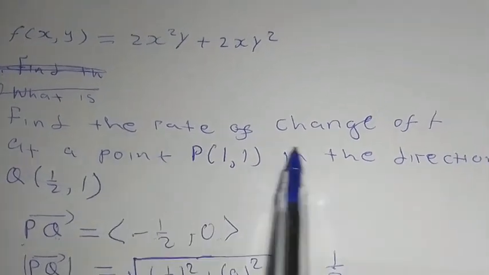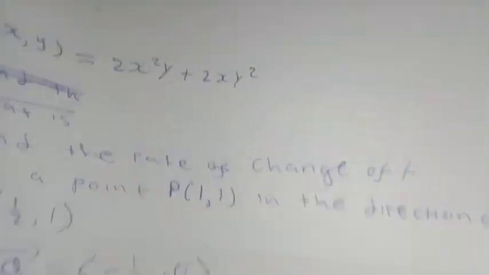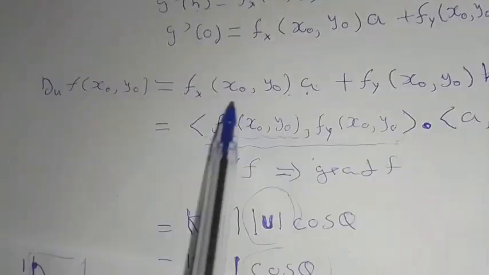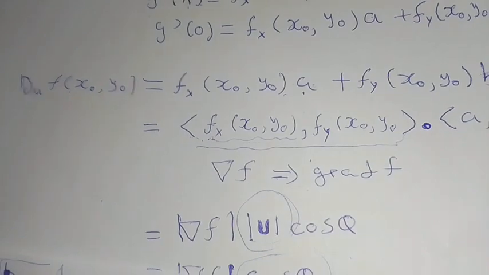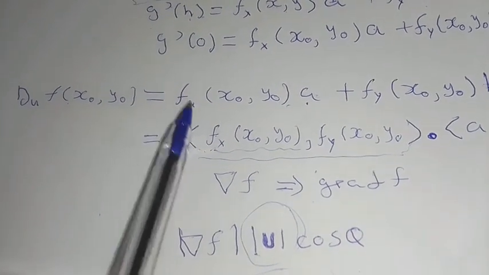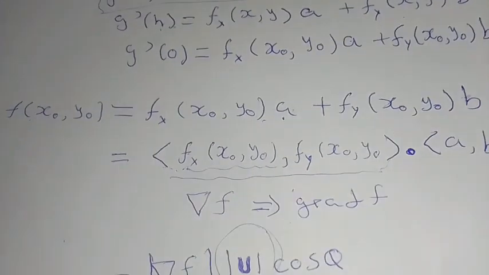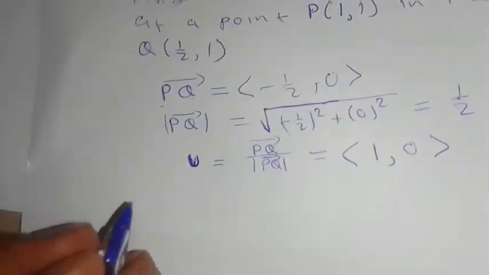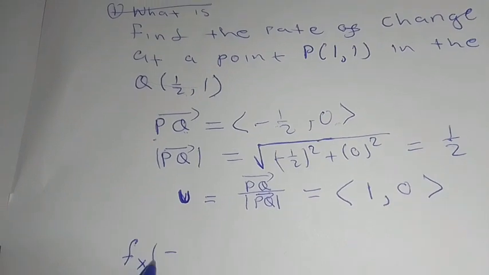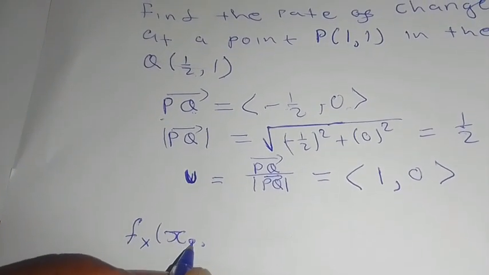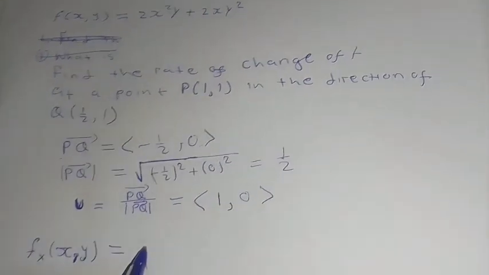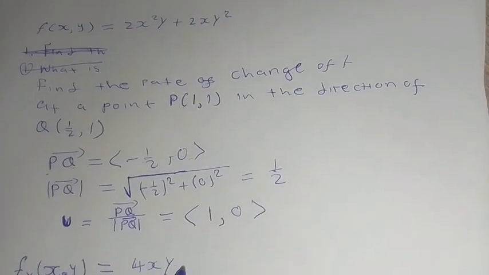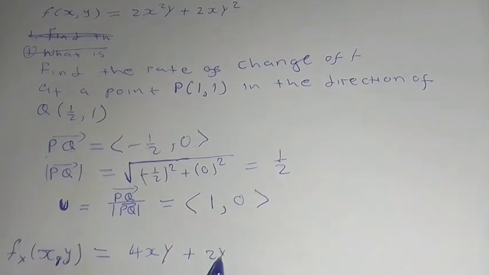And remember how else you find the rate of change of a function? This is our formula here. That implies you have to find the partial derivatives and evaluate them at the point P. So what's the partial of f with respect to x? You derive this with respect to x, which gives us 4xy plus 2y squared.